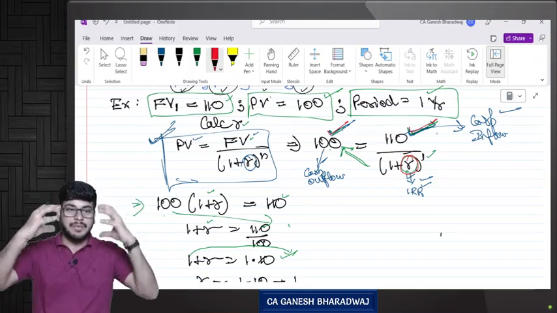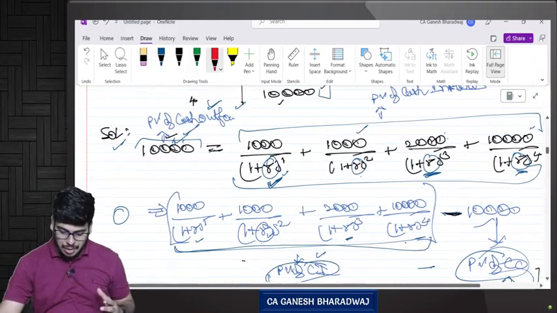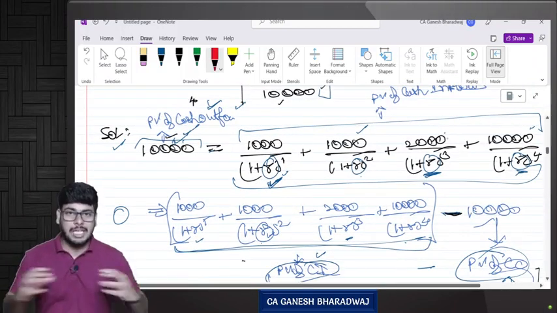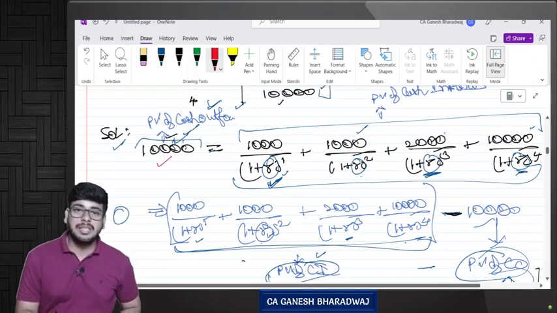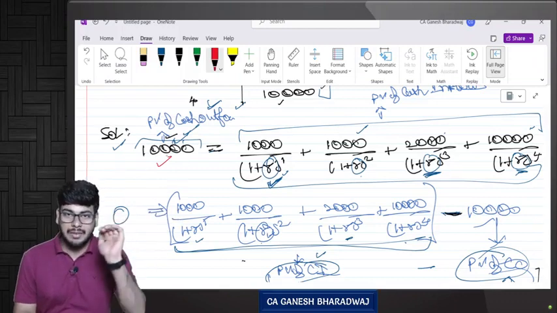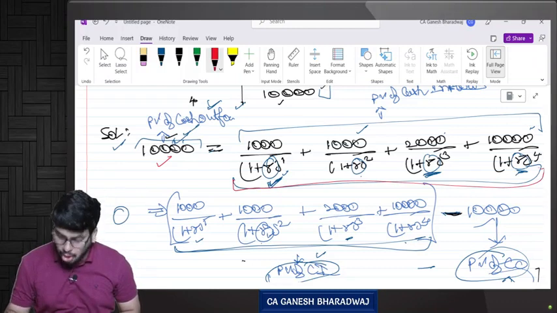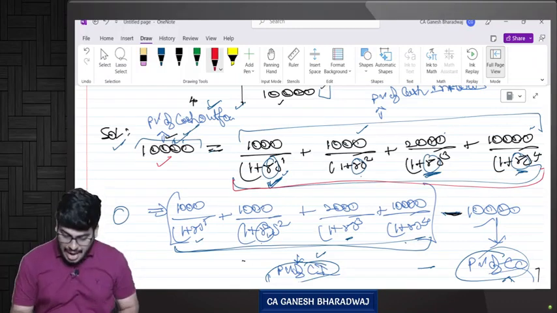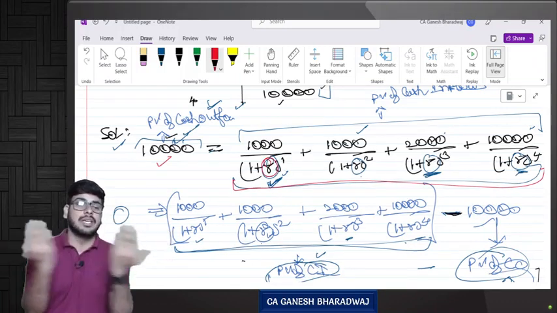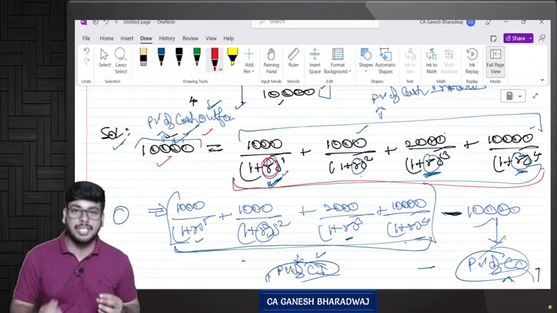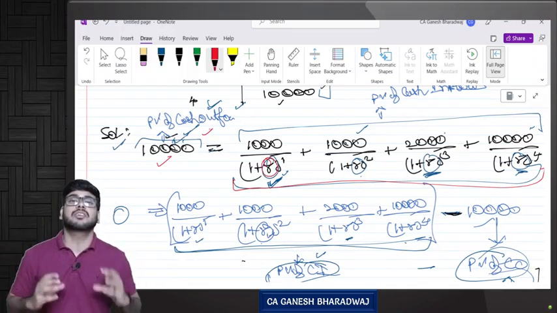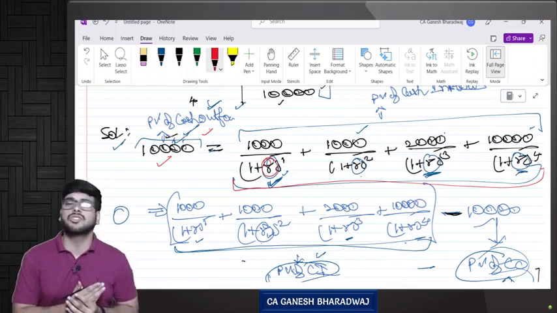But the logic we are taking from there and framing one equation. This is called the cash flow equation. So here I said 10,000, the amount I invested initially, is equal to the present value of all the inflows that I receive, and the rate at which this equation holds valid is called IRR.